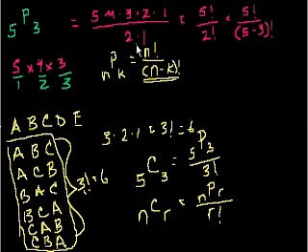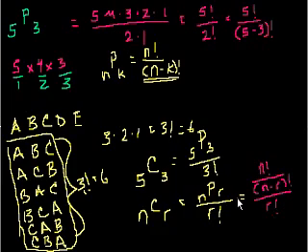And if we go back to the formula up here, this was a k, but now we're saying it's an r. The permutations was n factorial over n minus r factorial. And now we're dividing everything by r factorial. This is often written as n choose r.